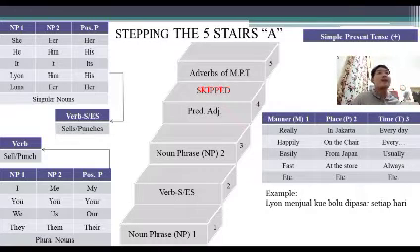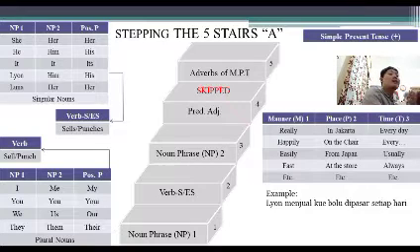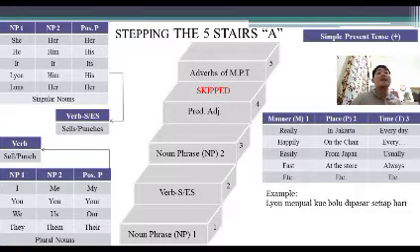For example, if the M is in the second position, you need to put it first. If the P is first, you need to put it second, because there is an order. You cannot change the order, because in this technique, learners need to know how to produce grammatically correct English sentences.